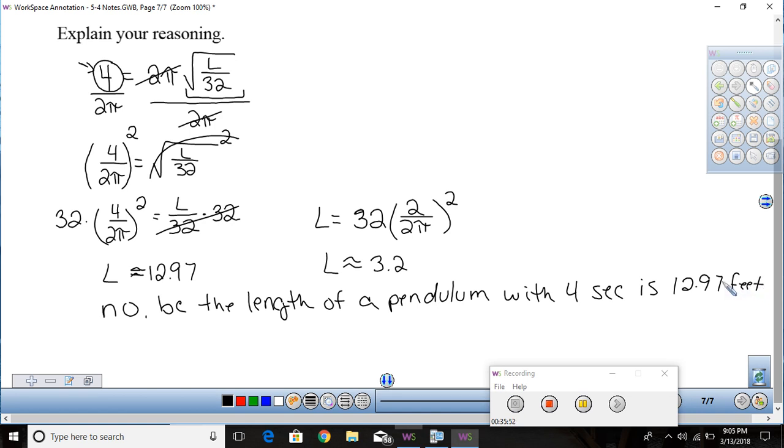I know I'm in feet because it tells me that. And a pendulum with a period of 2 seconds is 3.2. All right.